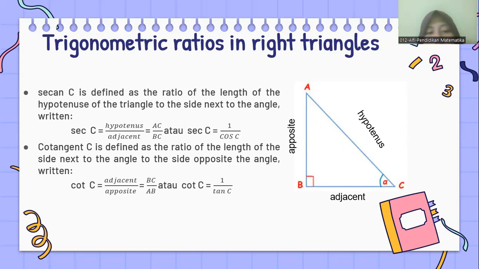Next, cotangent. Cotangent C is defined as the ratio of the length of the side next to the angle to the side opposite the angle.